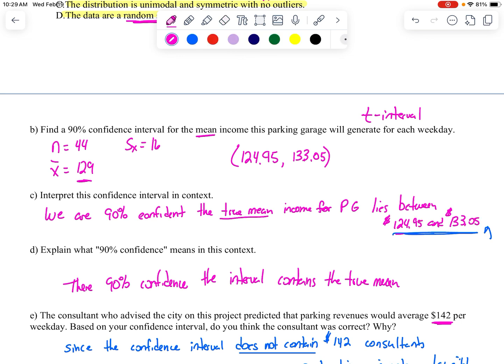And to explain what it means to be 90% confident, the interval contains the true mean.